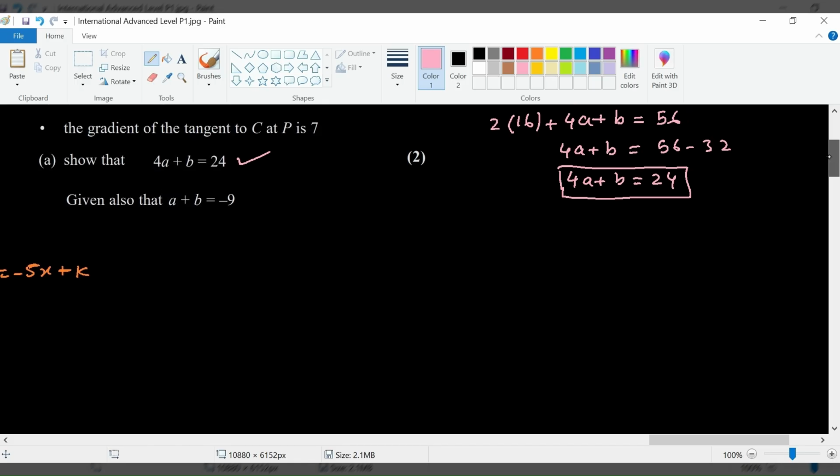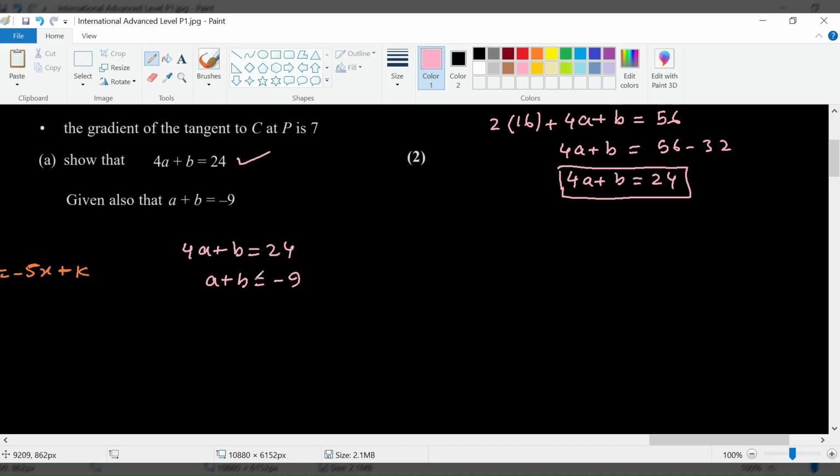Now, given also that a plus b equals negative 9. Now, in here, we have 2 equations now. We have 4a plus b equals 24, and second equation says a plus b equals negative 9. Now, we are subtracting from this.